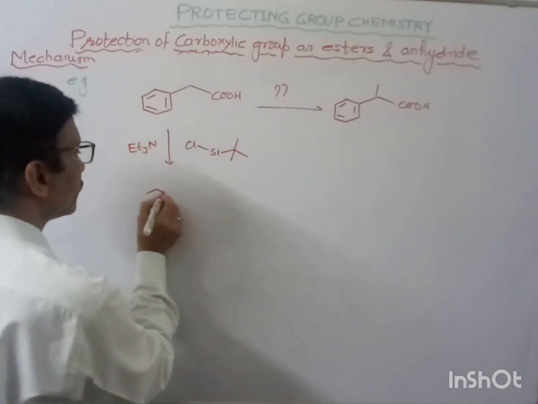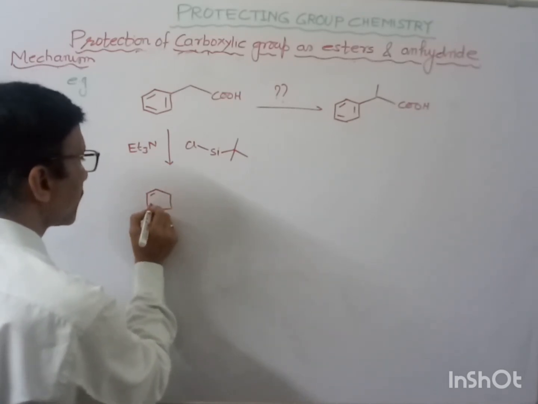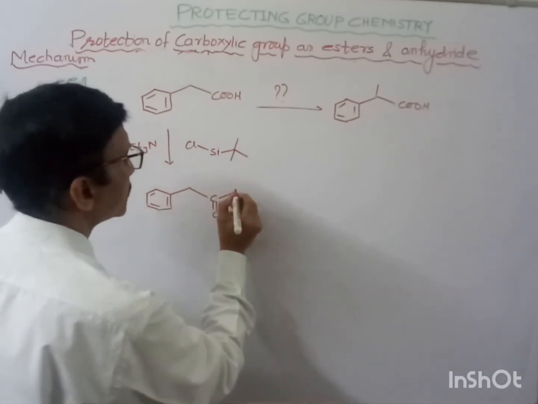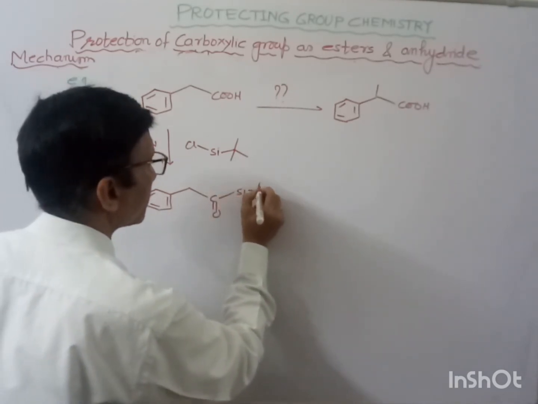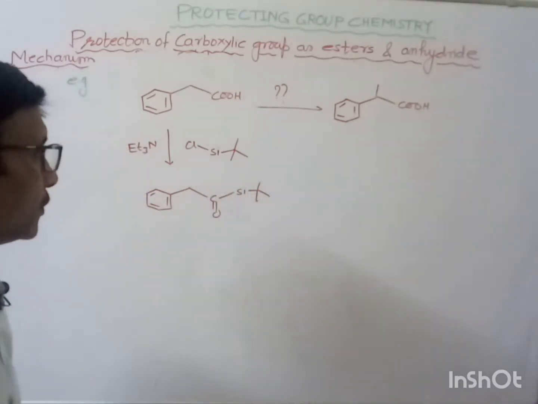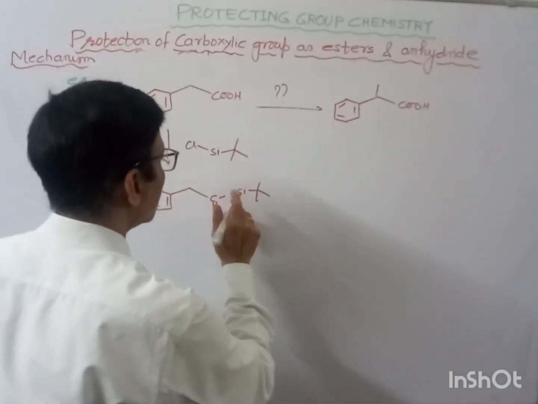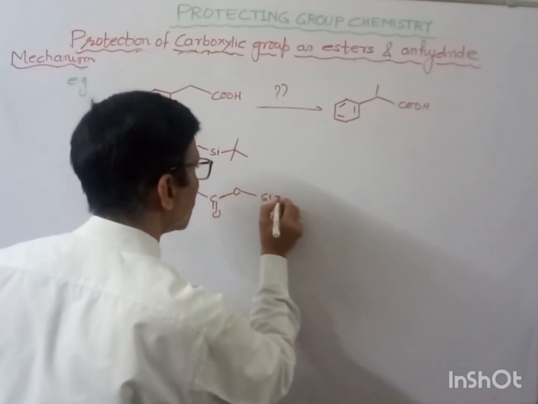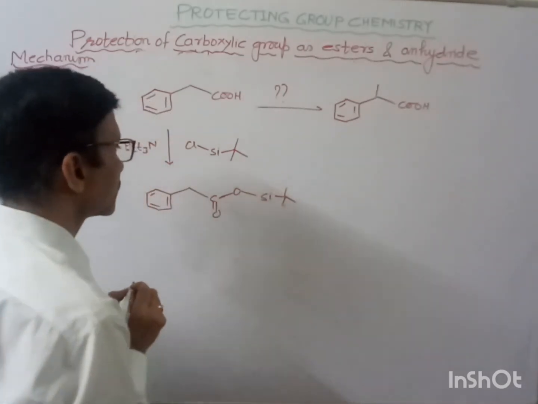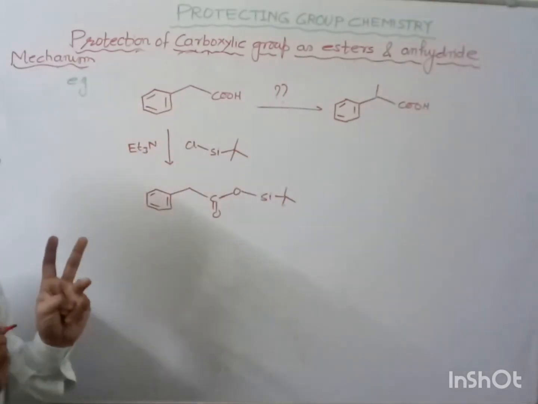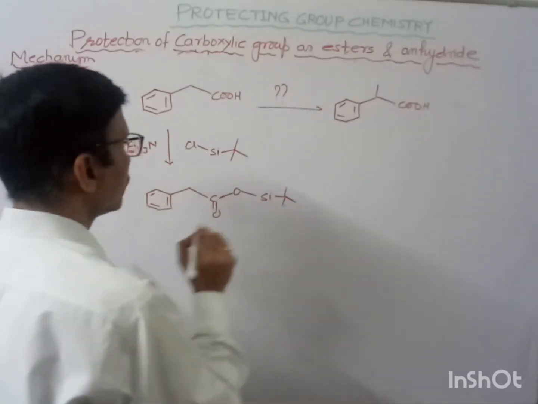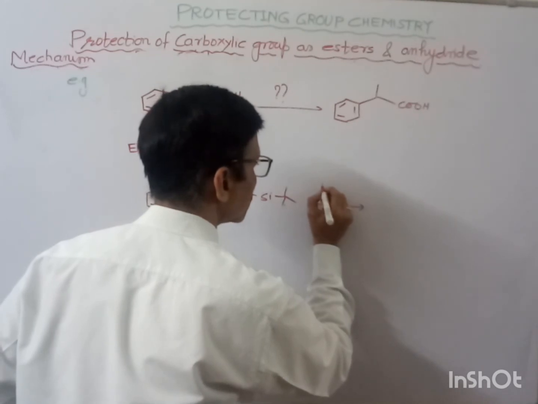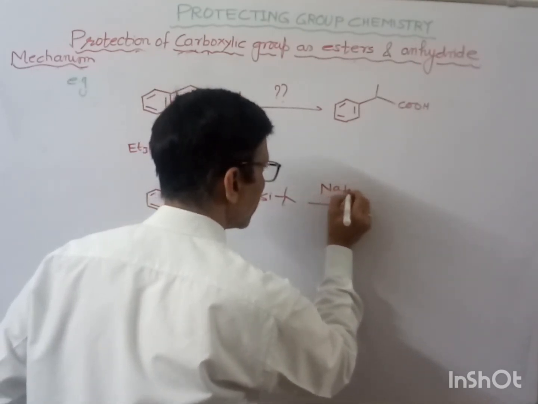Okay, and what will we get? We convert this one into the silyl ester. Now this is protected. Now we can abstract the acidic hydrogen using sodium hydride.